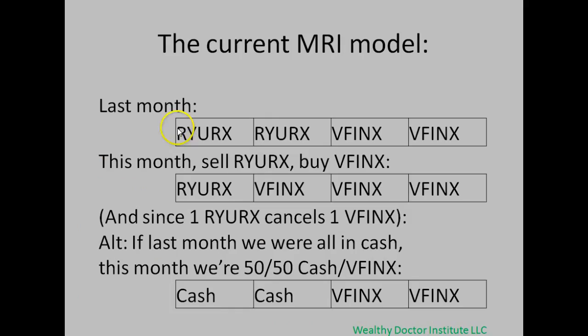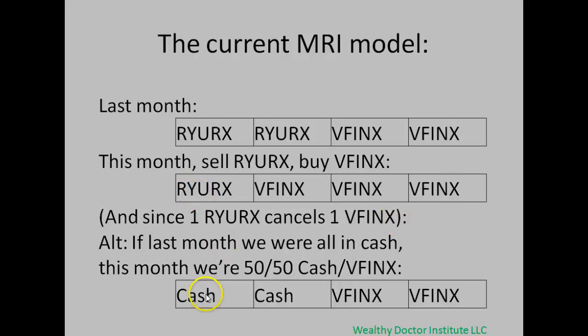Now, recall last month we were half in the inverse fund and half in the index fund. This month, if we sell one inverse fund and buy the one index fund, we still have one inverse fund which cancels out one index fund, which essentially means you can be half cash, half index fund and still be equivalent to this configuration, saving you a commission.